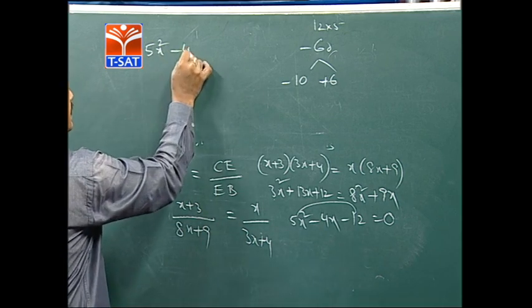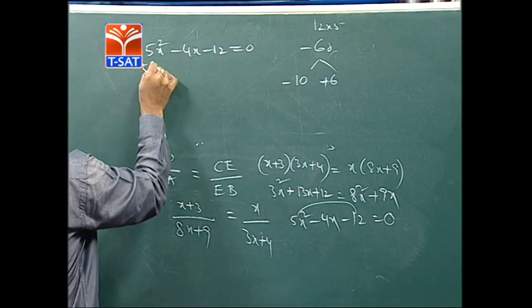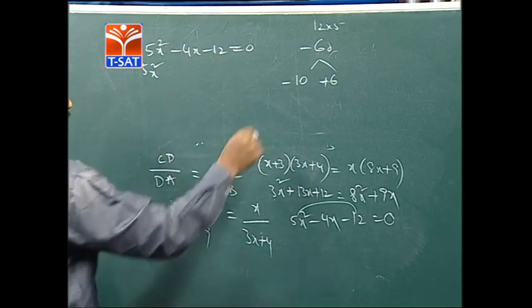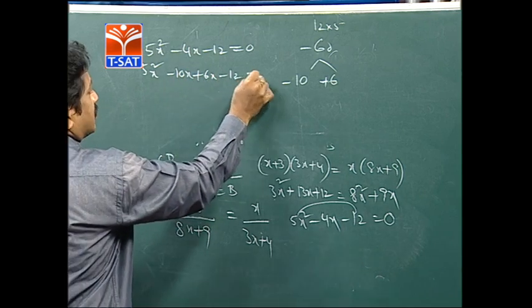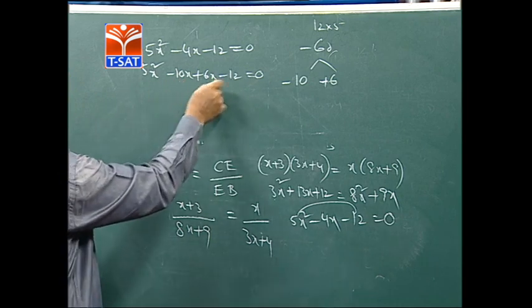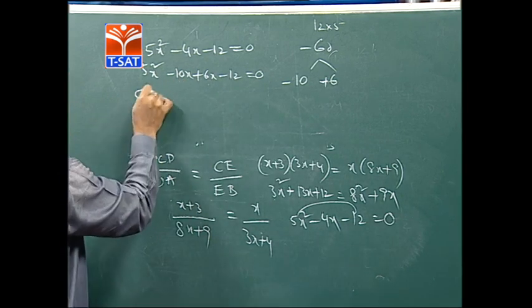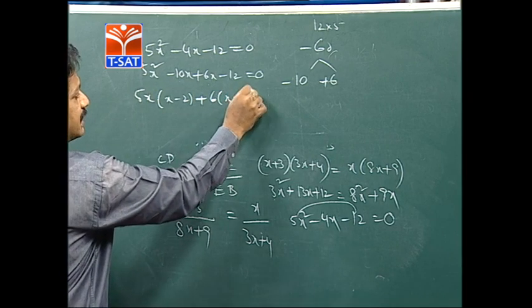5x square minus 4x minus 12 equal to 0. Now you can write it as 5x square minus 10x plus 6x minus 12 equal to 0. Take 5x common here, x minus 2. Take 6 common here, x minus 2.